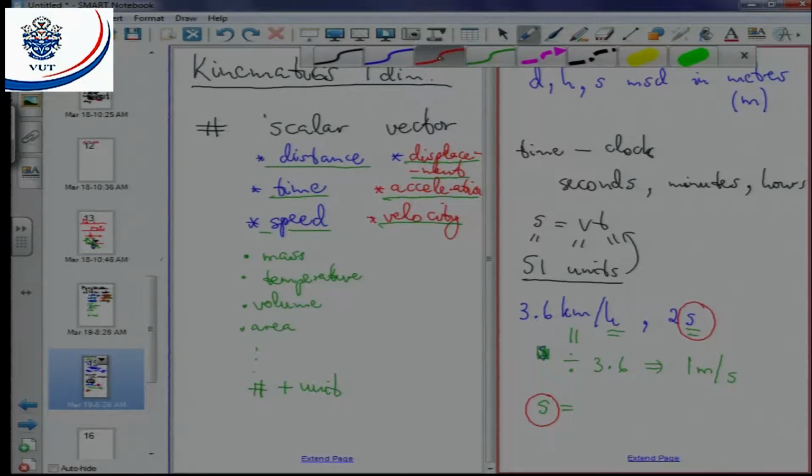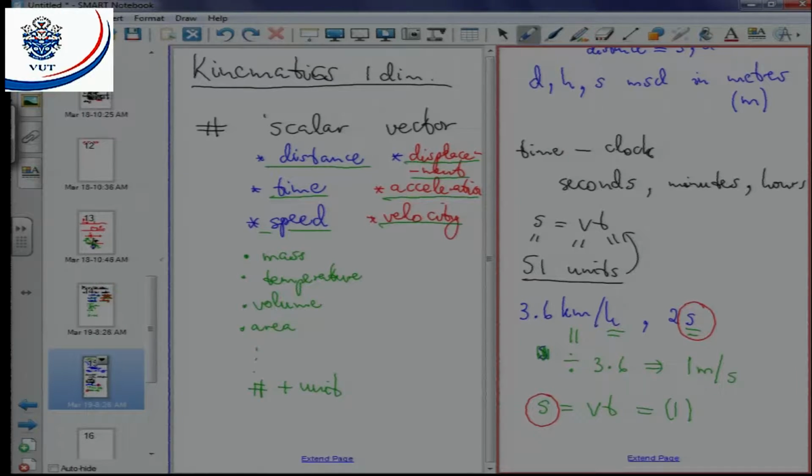So in this case, then we would get that S is equal to Vt, and V is just 1, and time is 2. So the car just covers 2 meters. Okay, in 2 seconds, and that's the distance that it covers. So be very careful with the units.